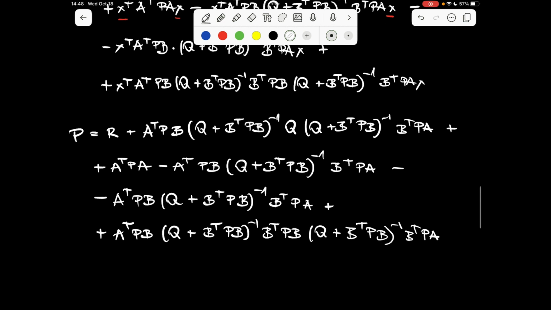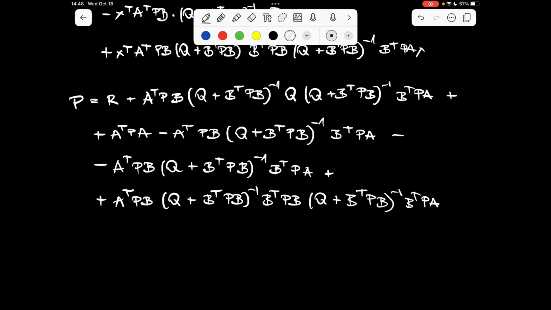Okay, so here we can realize that some parts... so what we should realize is the similarity between this part of the equation and this part of the equation.